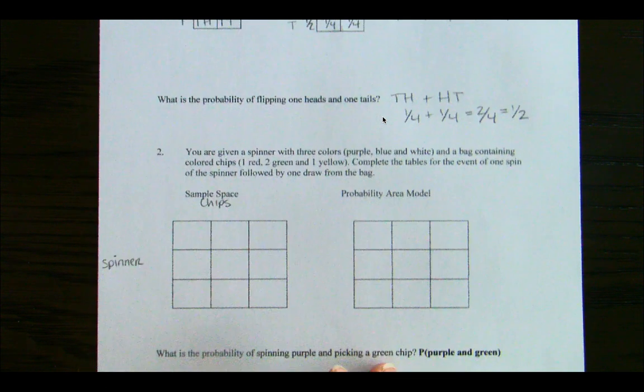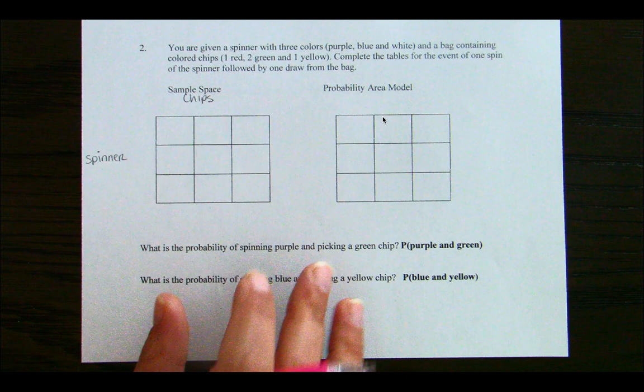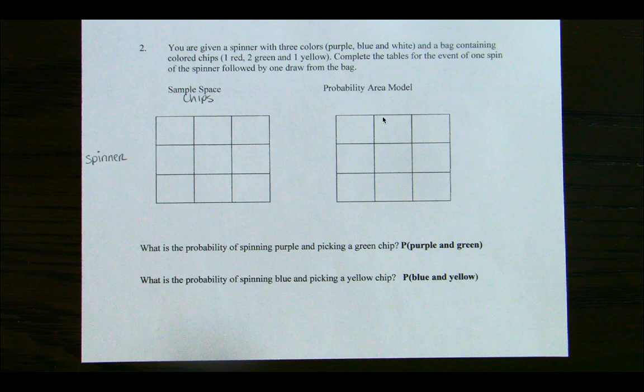In the next example, we're going to look at a different kind of setup for events. You're given a spinner with 3 colors, purple, blue, and white, and a bag containing colored chips, which are red, green, and yellow. Then we're going to complete the information in the table.